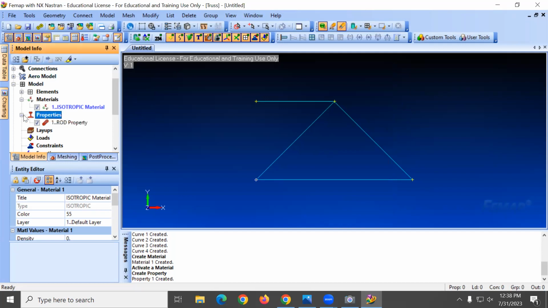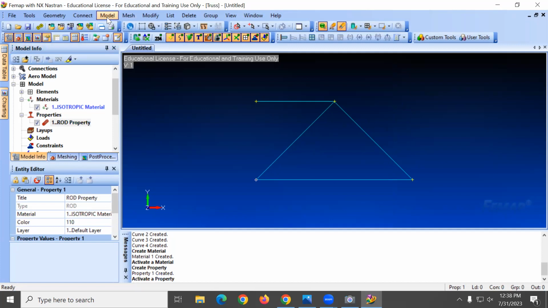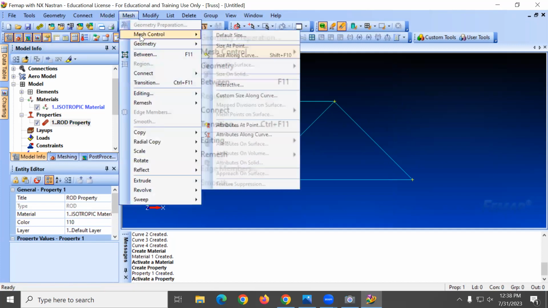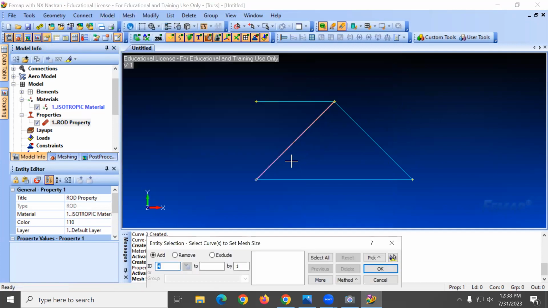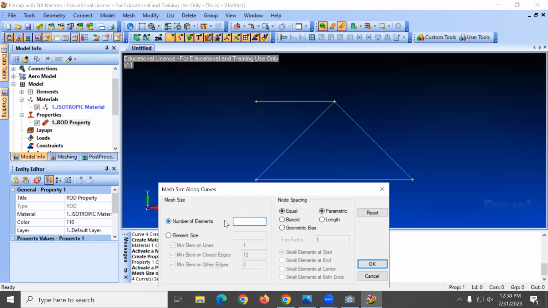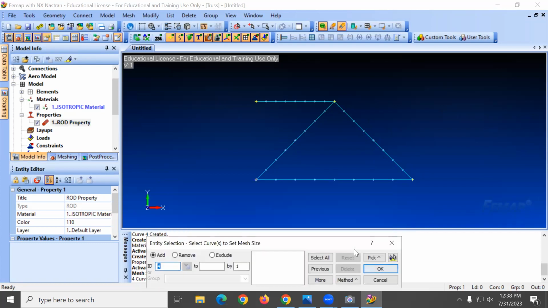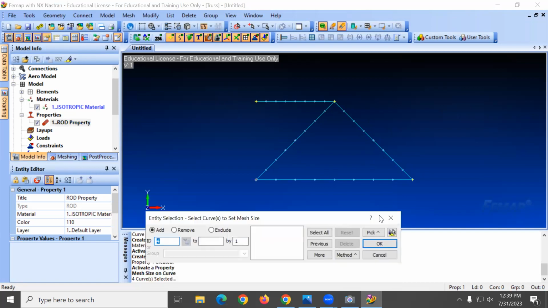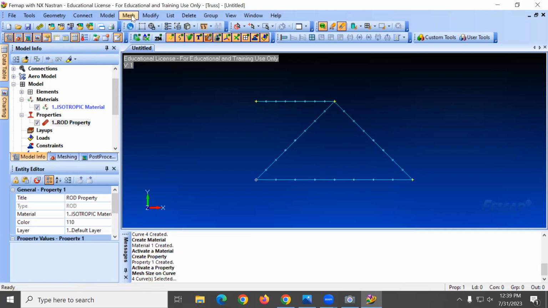Let's activate that one. And now let's say mesh control, size along curve. Let's put on each one, whatever, 8 elements. Okay, that looks reasonable.